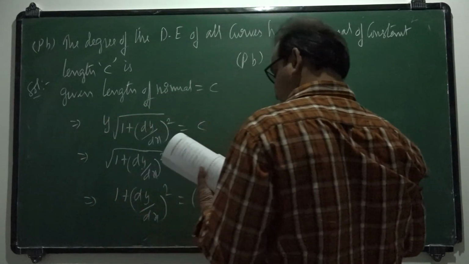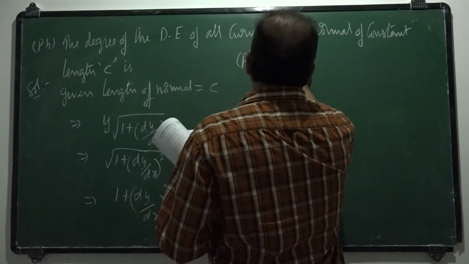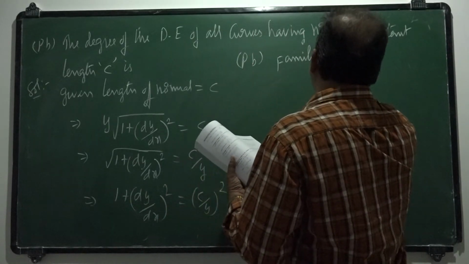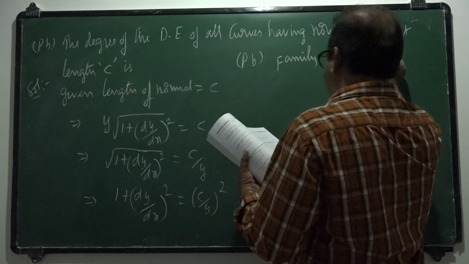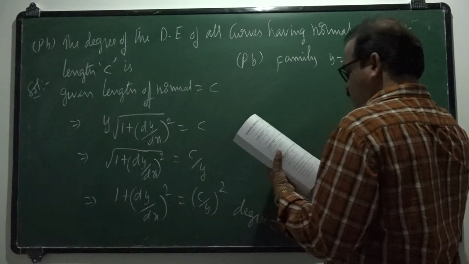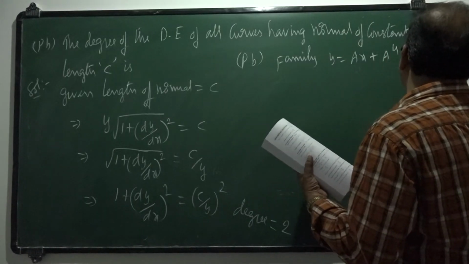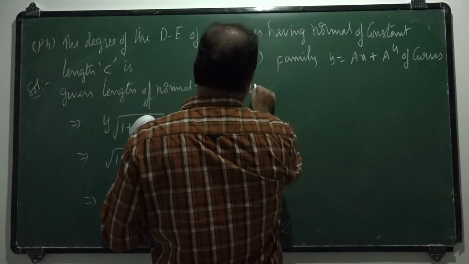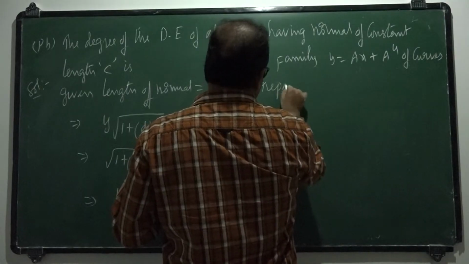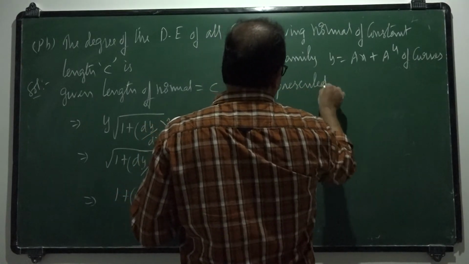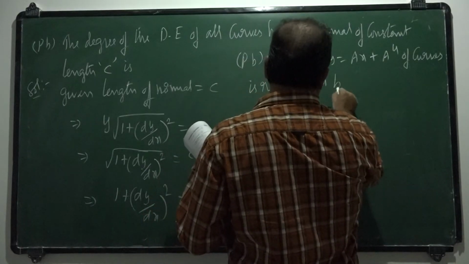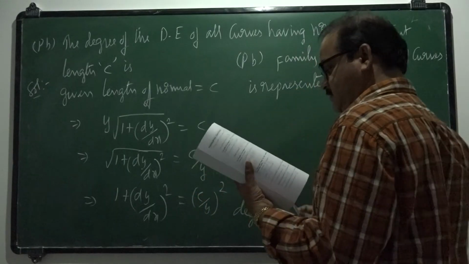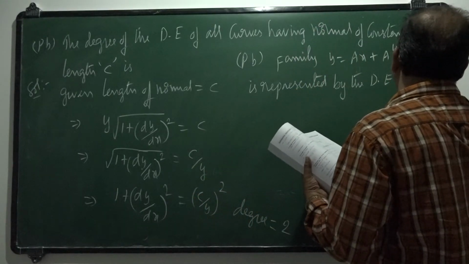Next problem. Family y is equal to ax plus a power 4 of curves is represented by the differential equation of degree.